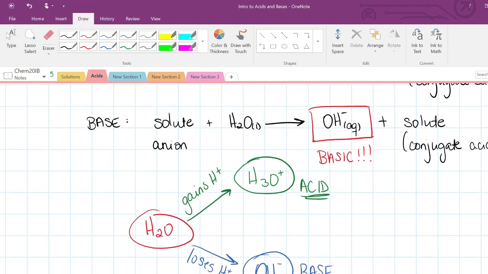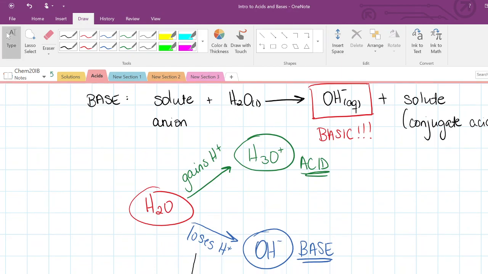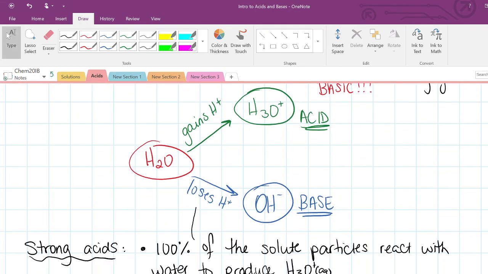And here's the big thing with modified Arrhenius: if we want to produce hydronium, that water molecule is going to gain a hydrogen to produce hydronium and the acid. If water is going to produce a base, it's going to lose a hydrogen ion to produce hydroxide. Because remember, water is HOH, and if it loses a hydrogen, it's going to produce OH minus. So that's where the base appears. Okay, so that's the first thing.